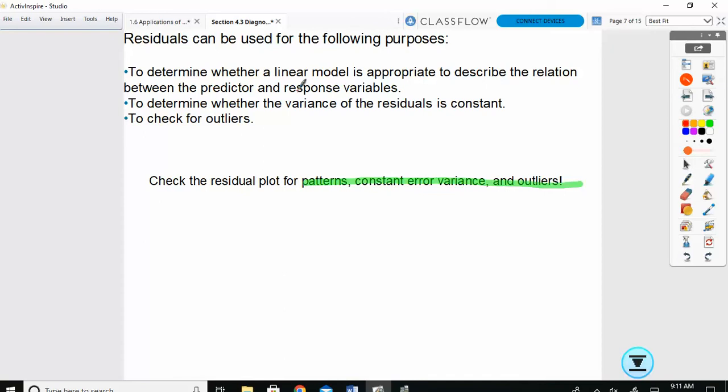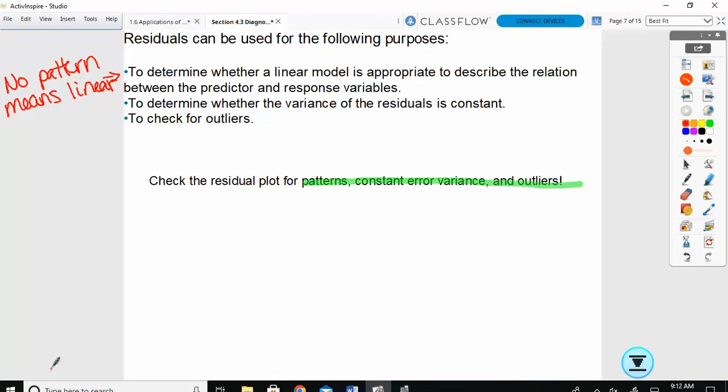When we are looking at this, if it's linear, we are looking for no pattern. When we graph the residuals, we should not have any clear pattern to it. Because if it's truly linear, you should have some points above and some points below.